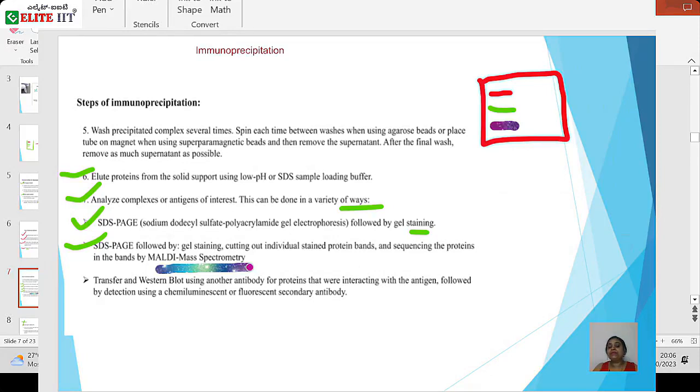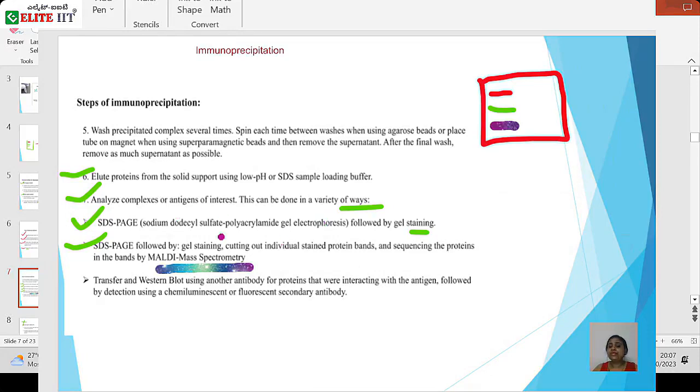But you can analyze any sample. It will give you molecular mass, and a database is there. There will be comparison between the database and your sample, and they will give you the result: this sample is for this molecule. In this way, database is there.